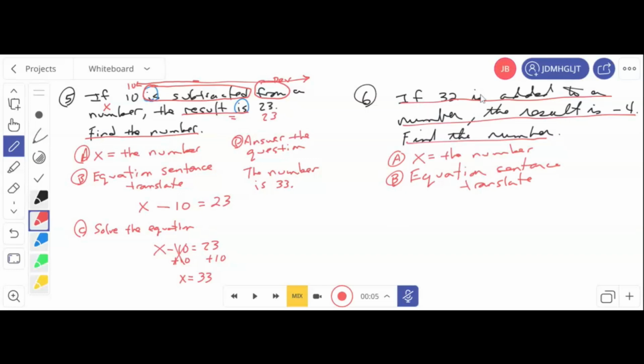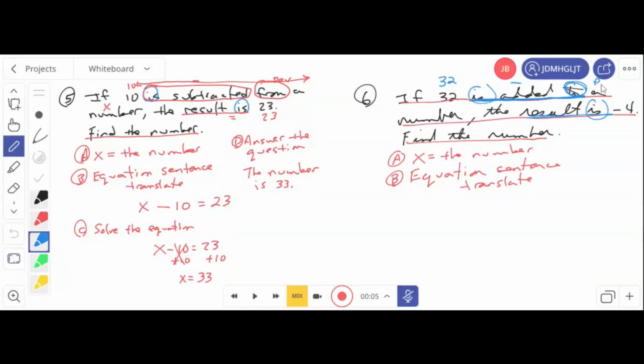And so we've got the word is in here twice. But is added to goes together. Okay. And result is goes together. So this is part of this word added. So if 32, that's our number, is added to is addition.